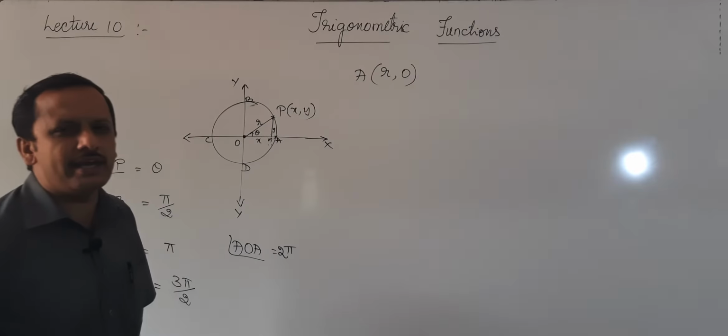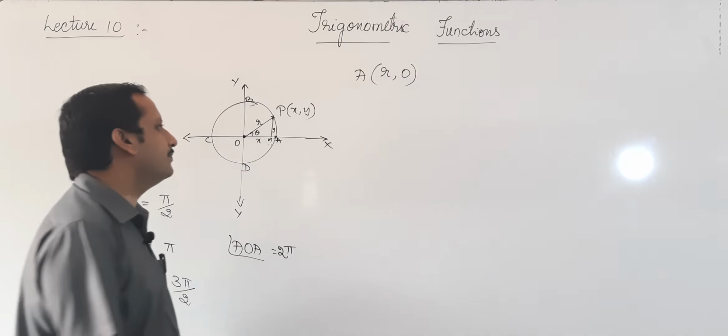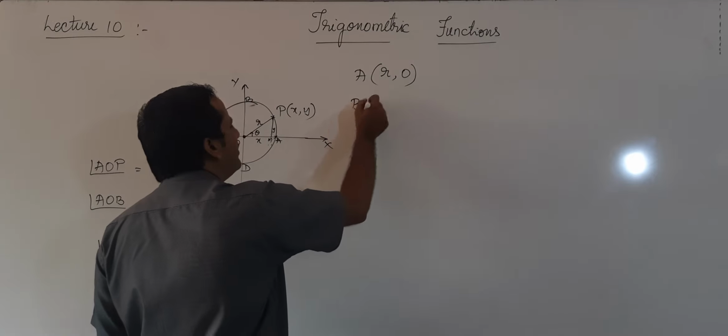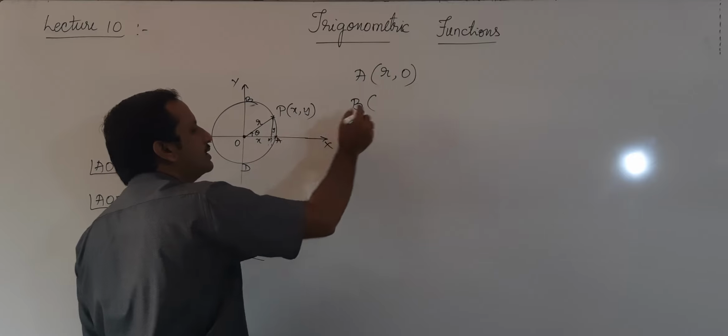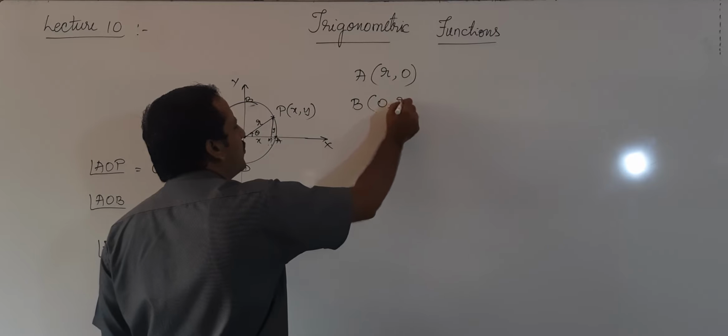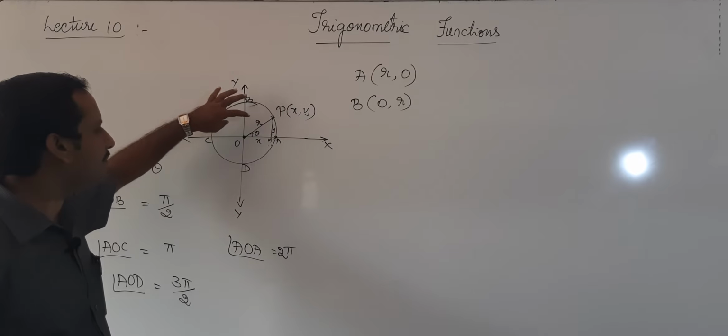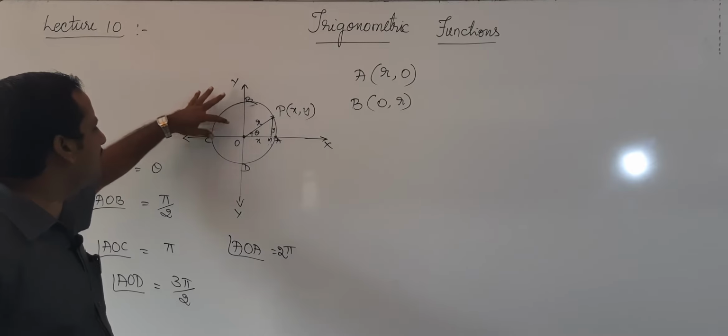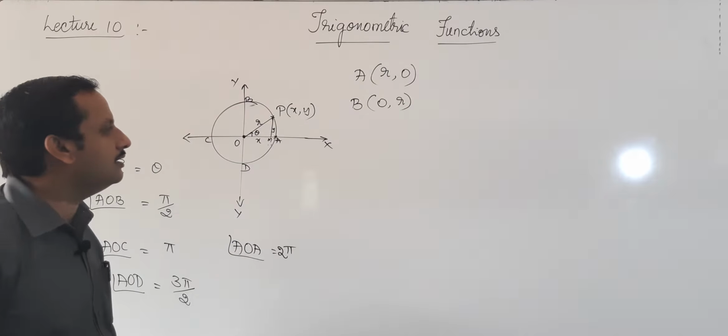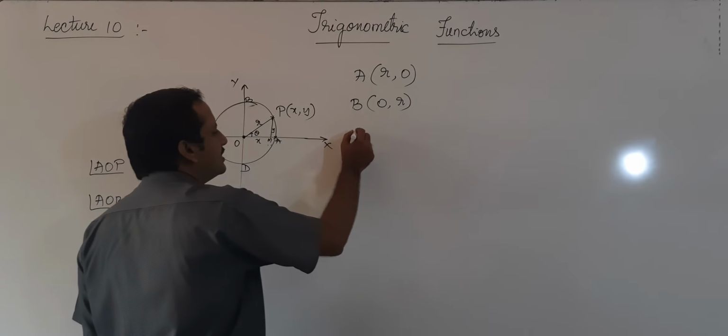The coordinates of A are (r, 0) and B is a point on the positive y-axis. So, its x coordinate is 0, y coordinate is r, because OB is also the radius. OA, OP, OB, OC, OD, they are all the radius only. So, the coordinates of B are (0, r).